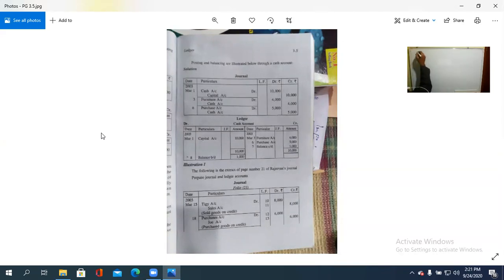Here, TG has more, so TG's account, one is this. Then purchases account. Then what is the next? Sales account also, a big one, because maybe too many transactions.